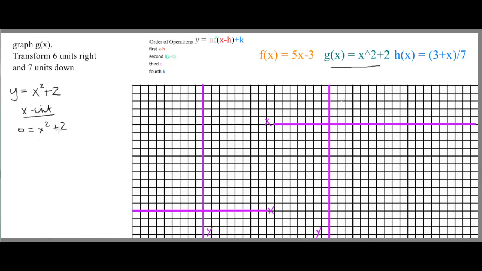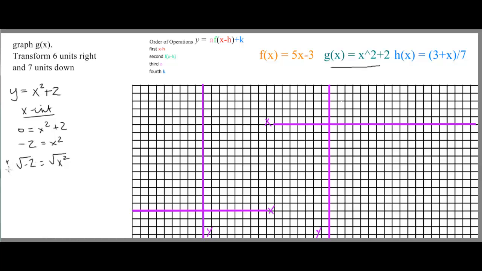Our goal is to get x all by itself. Right now 2 is being added to it, so let's subtract 2 from both sides. To get rid of x squared, we take the square root of both sides.